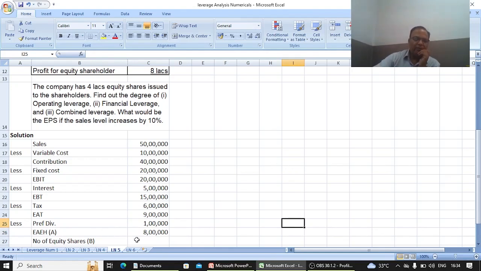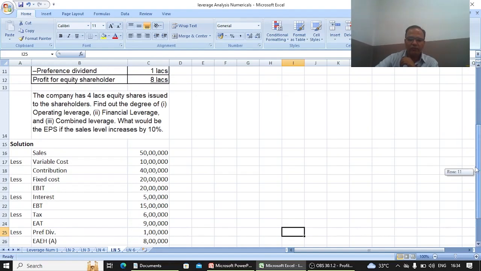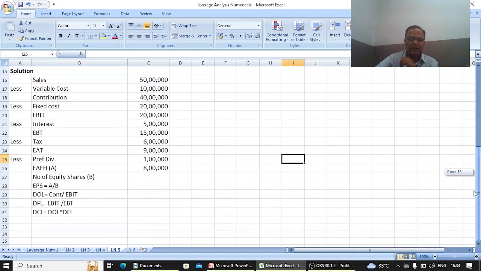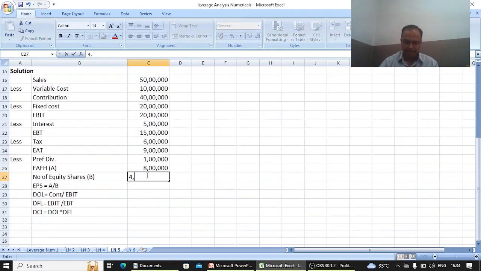Now number of equity shares, it is given in the question: the company has 4 lakh equity shares issued to the shareholders. 4 lakh equity shares. EPS is 2.